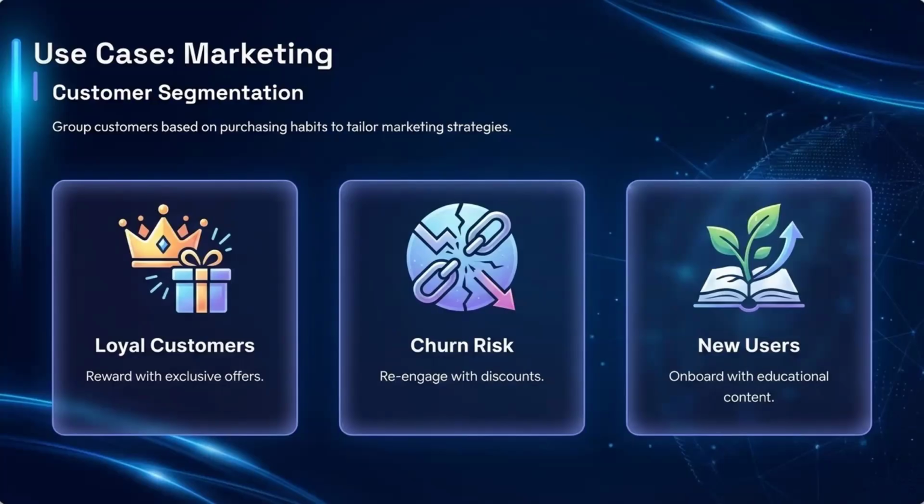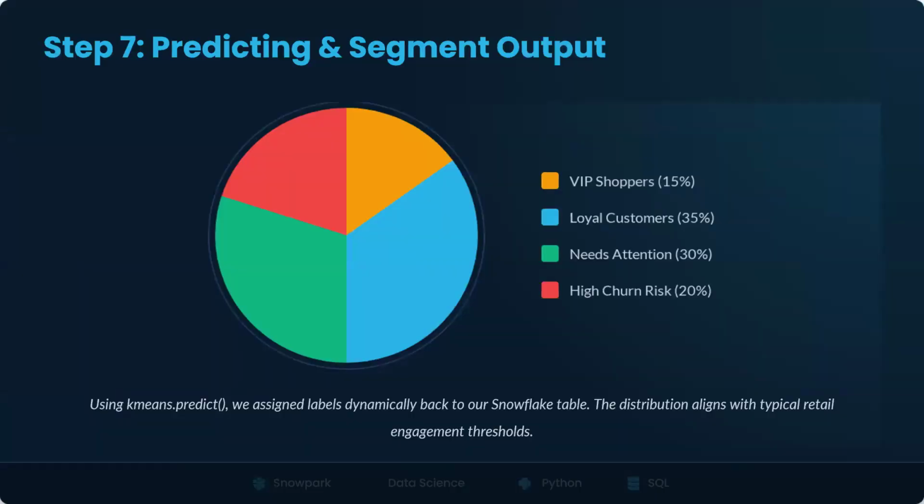An example I'll show you. Like I was telling, VIP shoppers, loyal customers, and we need some attention on some people, and high churning risk. High churning risk means these customers may exit the business.